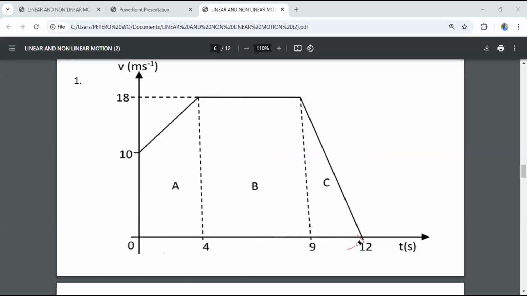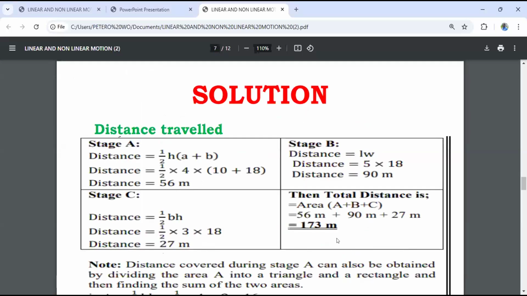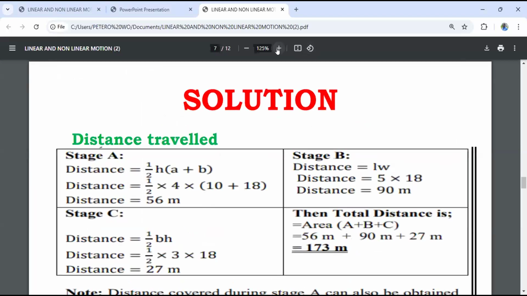So let us look at this solution together. Our solution is here. Hope we can all be able to see it clearly. Try to make it bigger.